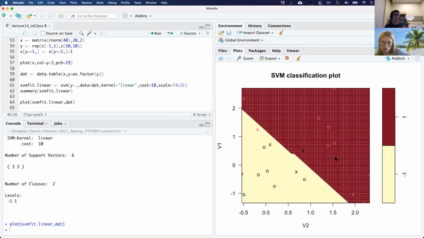So importantly, the one parameter that really affects the location of the line is my slack parameter, the C.